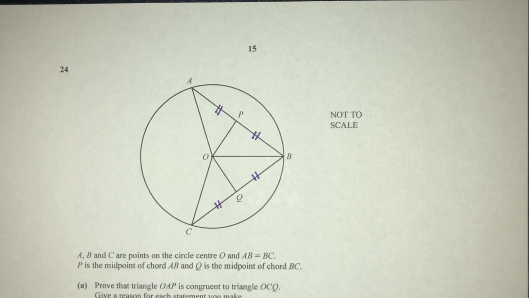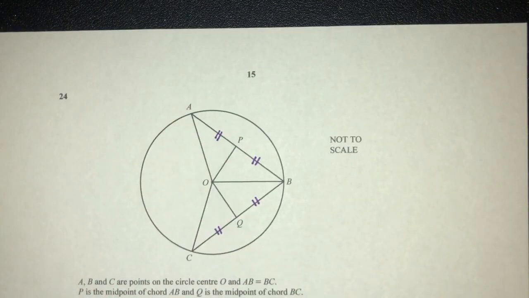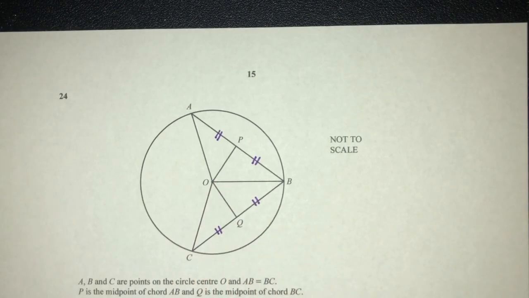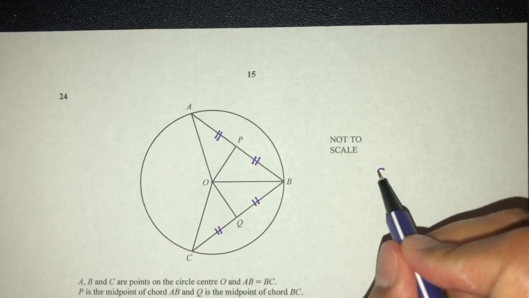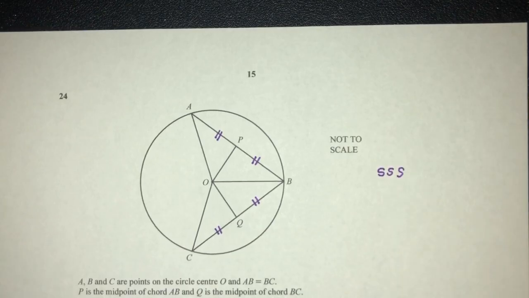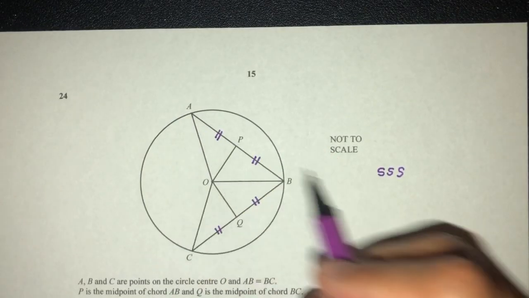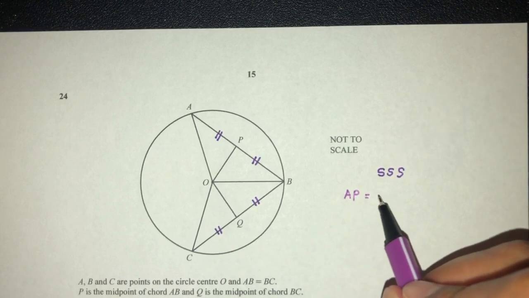Now, the question. We have to prove that triangle OAP, this small one, is congruent to triangle OCQ. Okay, step by step. We have a few ways of proving that. One way is SSS, proving that all three corresponding sides are the same. So first thing we can say is that AP has to be CQ.